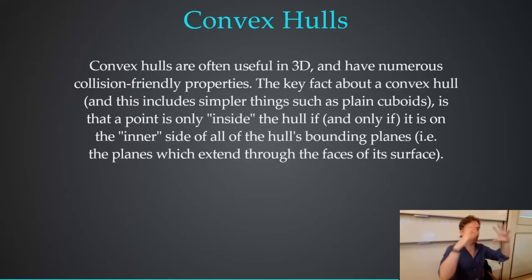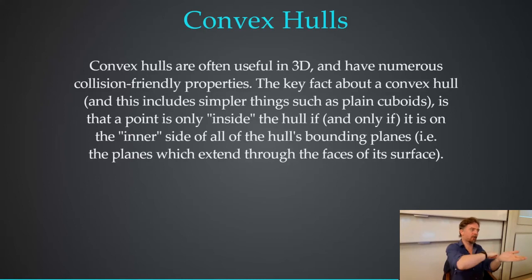If all those things apply, then you're inside the cube, right? And a convex hull just extends that to a thing that might have 20 faces. You know, it might be like a dodecahedron dice. Well, that's 12. Icosahedron is 20. But imagine it had multiple faces, but it's the same logic.